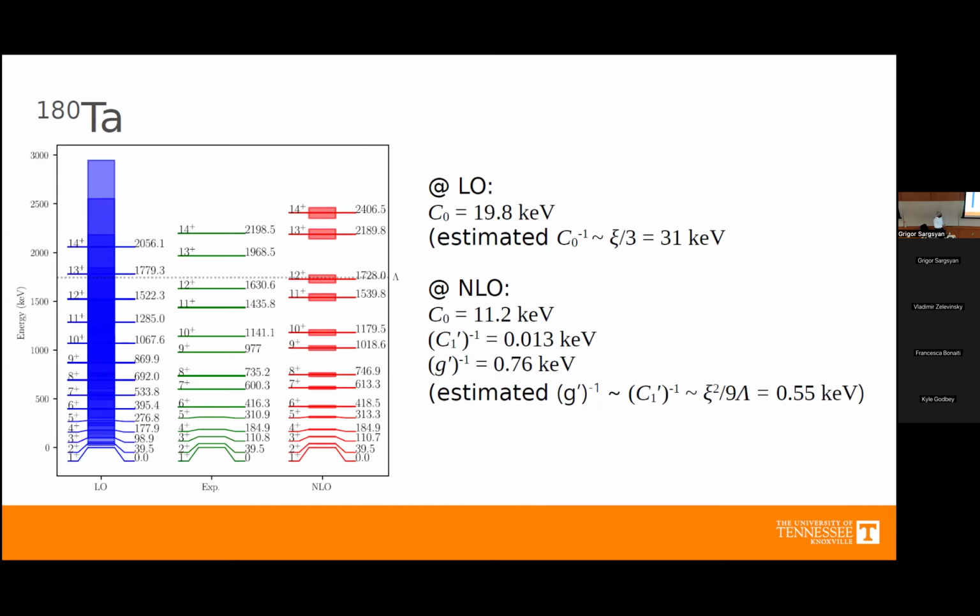And again, as we'd stated before, we do see that our leading order estimate above the breakdown scale is really a better approximation than the next to leading order description, which is a property of that quote unquote radius of convergence or breakdown scale of the theory.